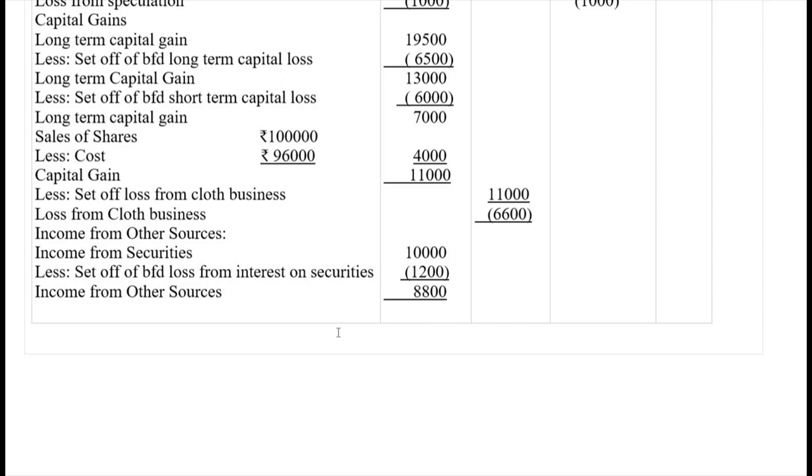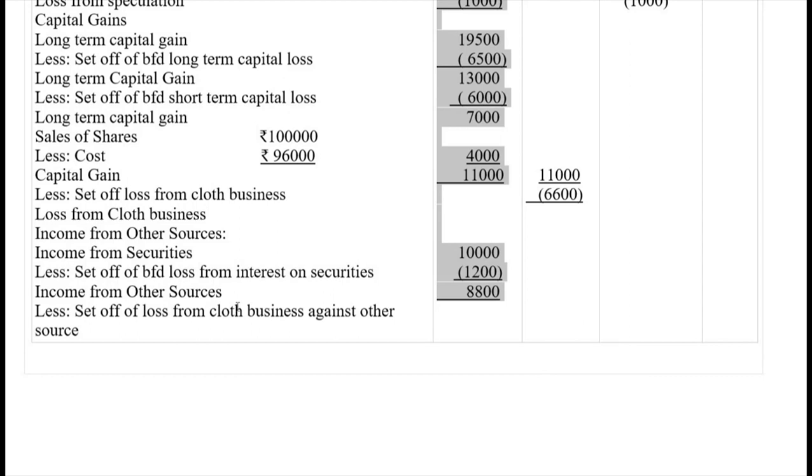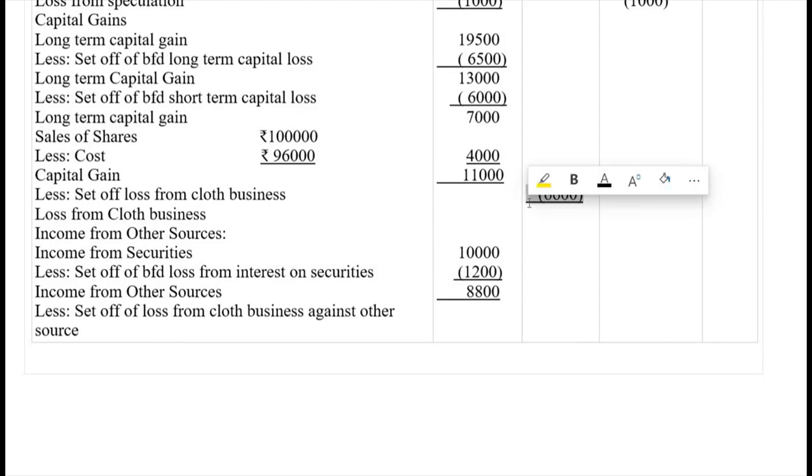Then now you can see here we have got loss from cloth business, which can be adjusted against income from other sources. So less set off of loss from cloth business against other sources.